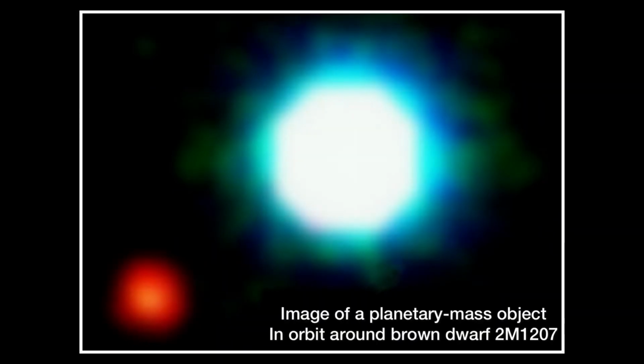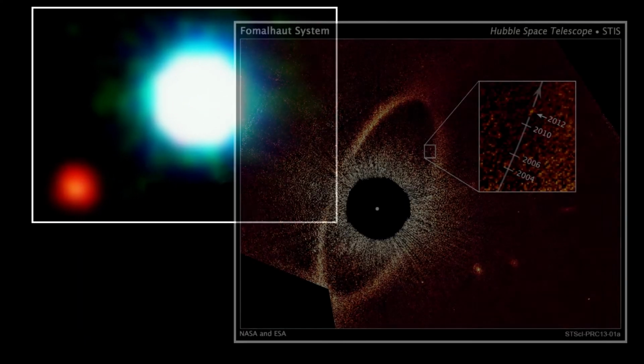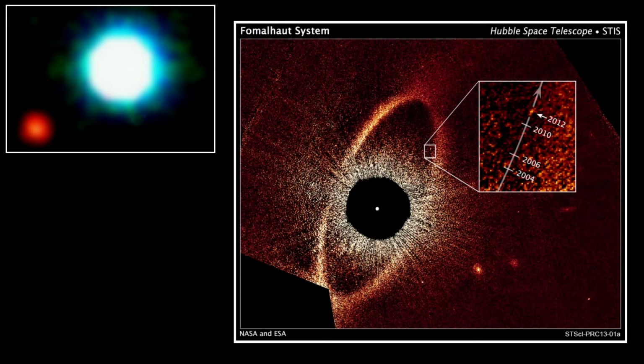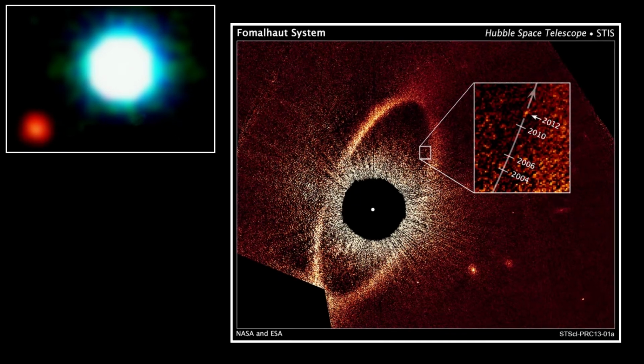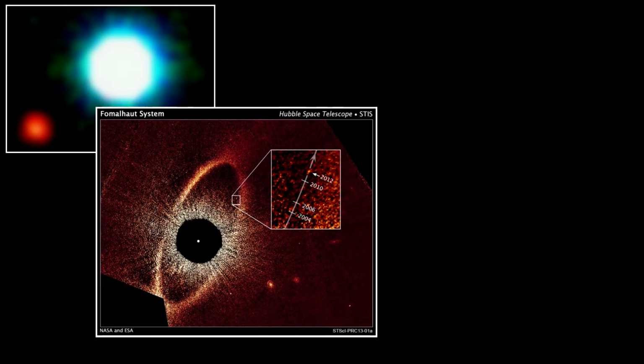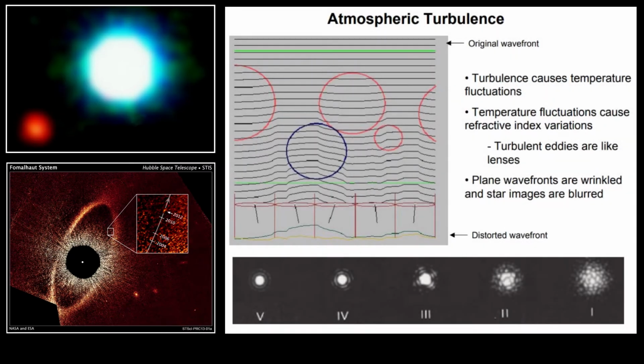Second, we can know exactly where the planet is and learn about the orbits of those planets. And finally, we can directly probe the chemical components of the atmosphere at different wavelengths and learn crucial information on those planets, such as their mass, their gravity, and whether certain chemical components are present in their atmosphere.